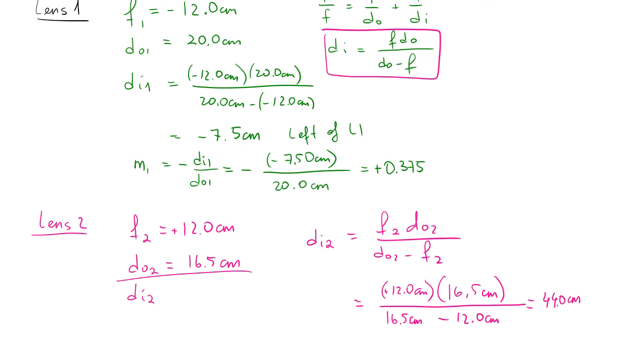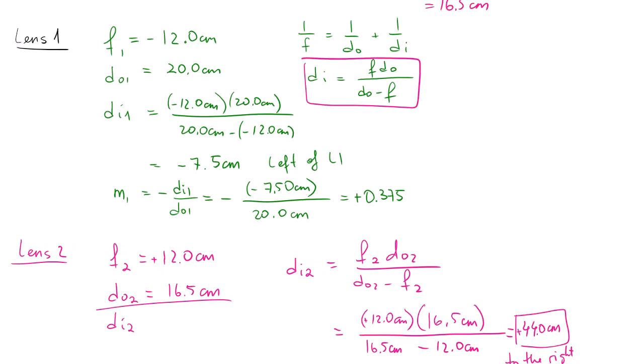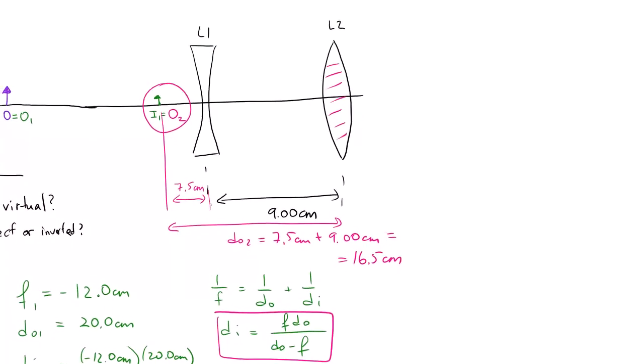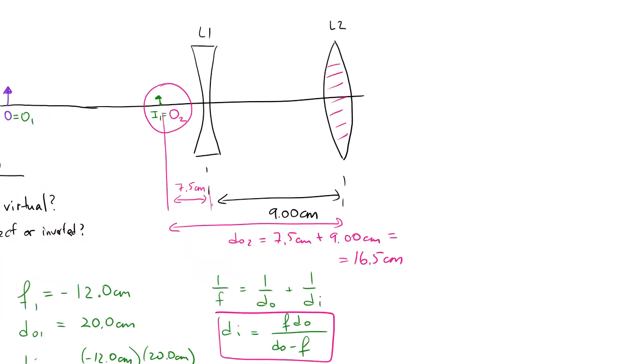And that is positive, which means that it is to the right of lens 2. So our new image is somewhere to the right of lens 2.